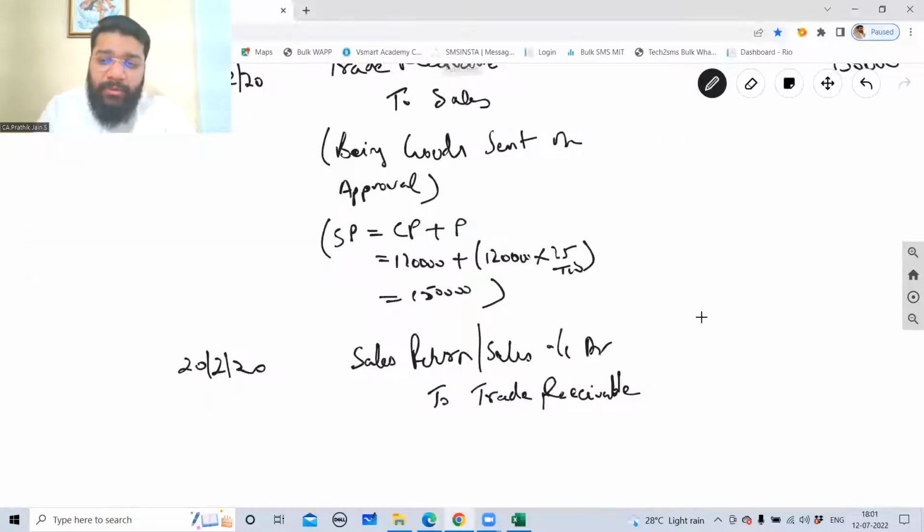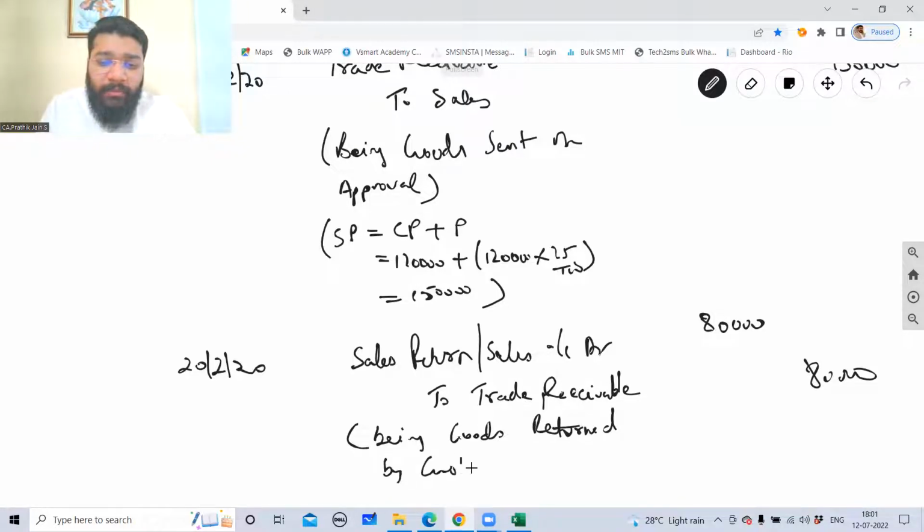And value is 80,000. Being goods returned by customer. No narration, no marks.